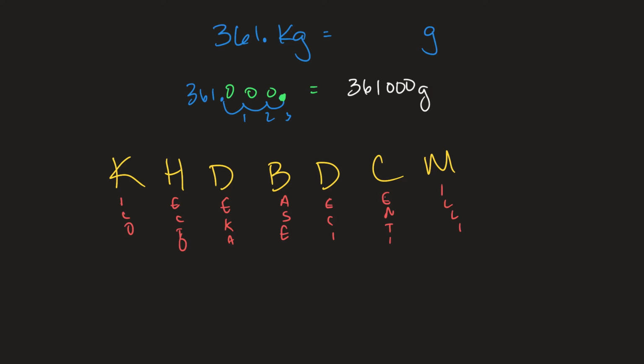The way I remember this is King Henry died by drinking chocolate milk. So that's your kilo, hecto, deca, base, deci, centi, milli, and then you guys are just going to have to memorize the units.